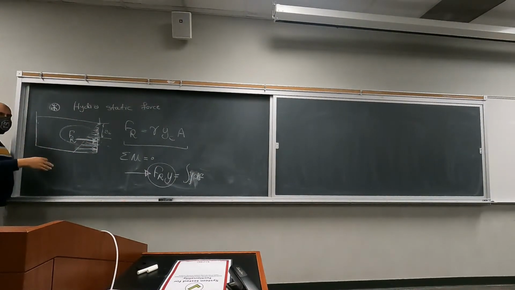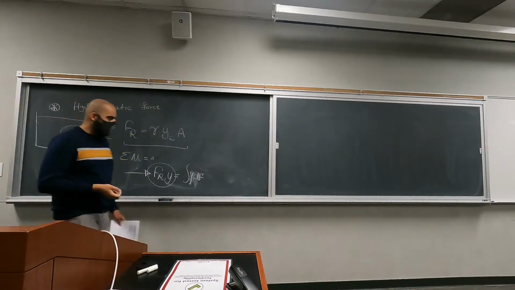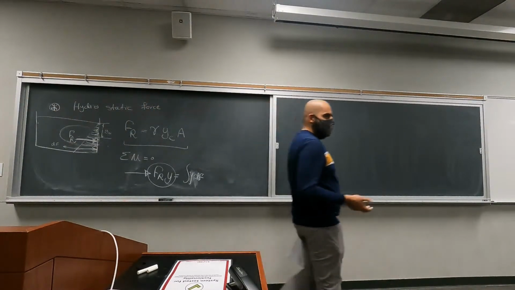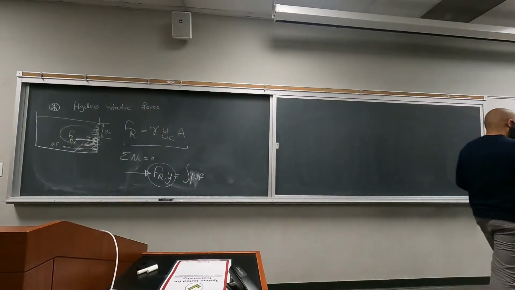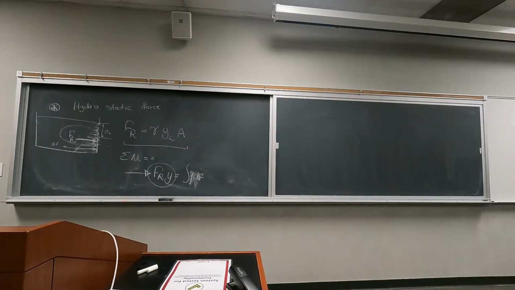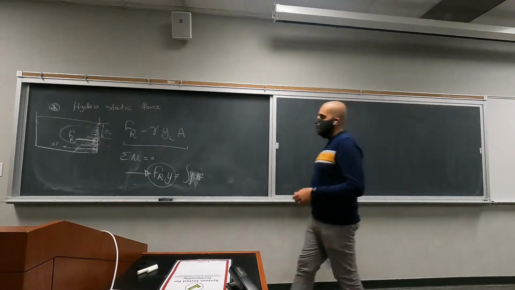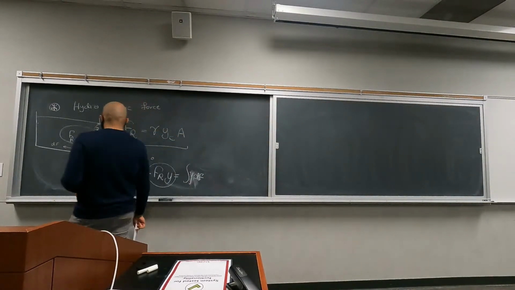Which is y multiplied by dF, the small force each of these pressures is creating, multiplied by the y. Is this clear? So the moment being applied on the wall by the pressure distribution has to be equal to the moment being applied to the wall by this resultant force.